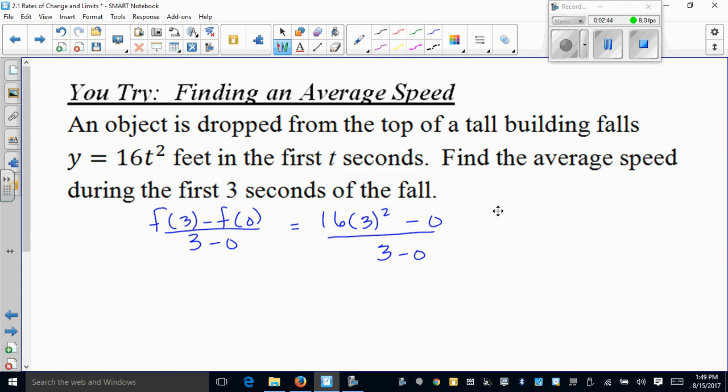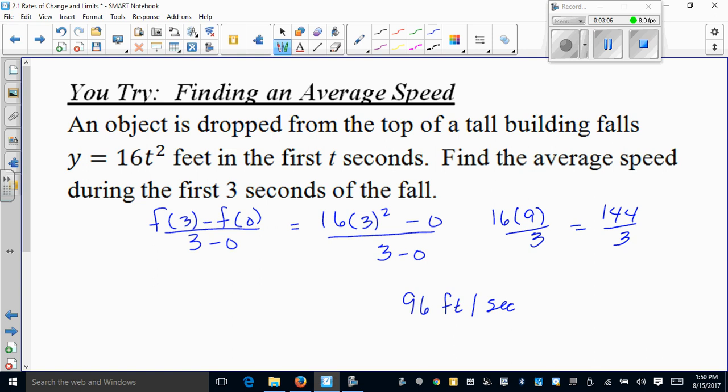So 16 times 9 over 3. That gives us 144 over 3, or 96 feet per minute, or second, sorry.